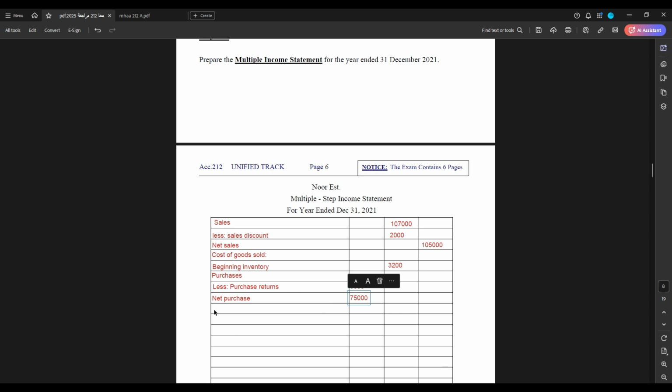We will add carriage in to calculate the cost of purchase.